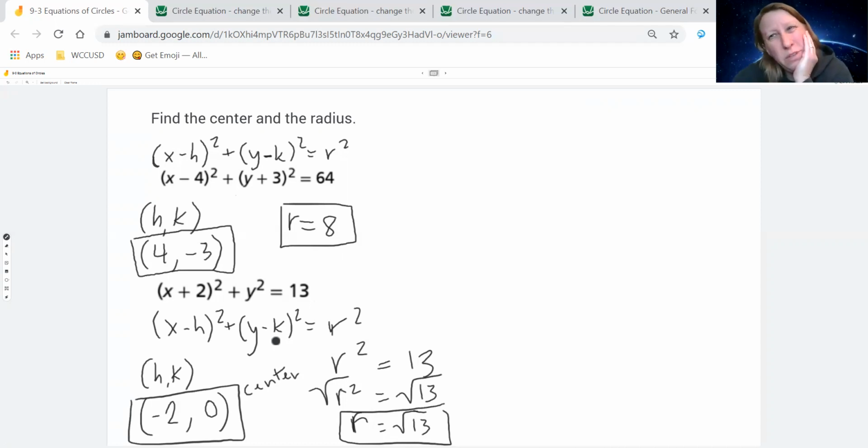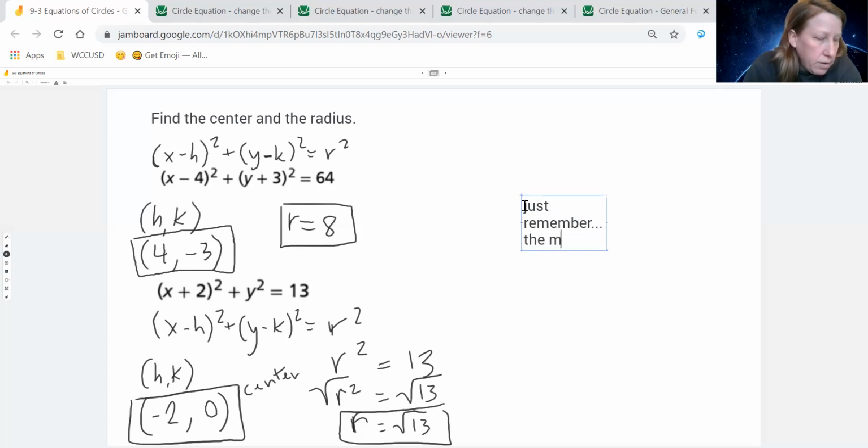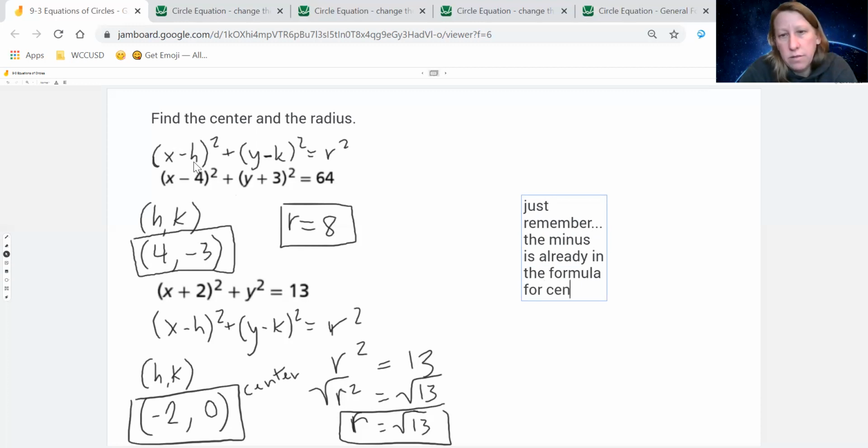All right, so what do we have to be careful of when we use this formula? The main thing to remember: the minus sign in minus h is already in the formula for the center.